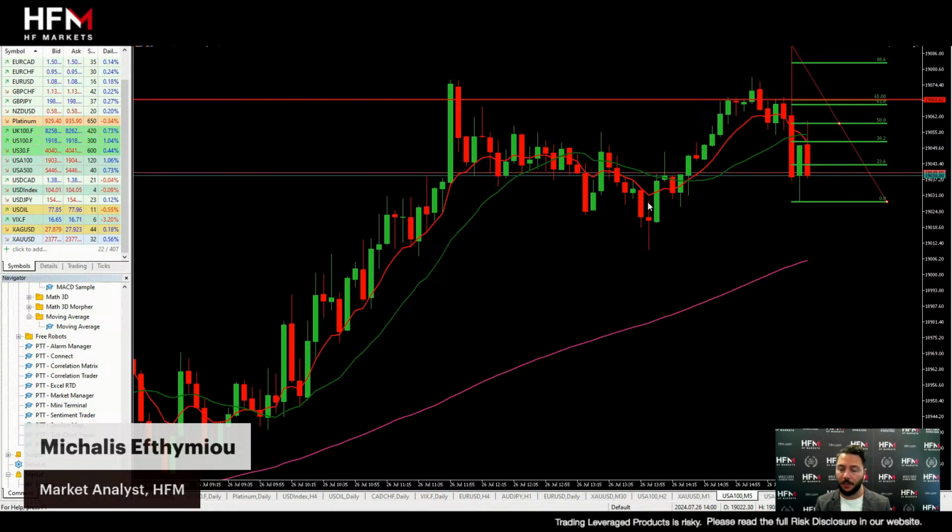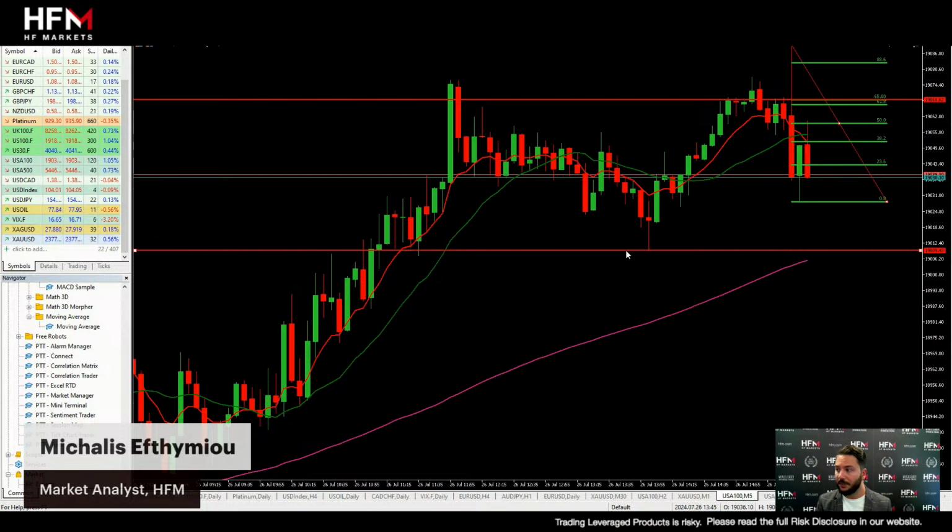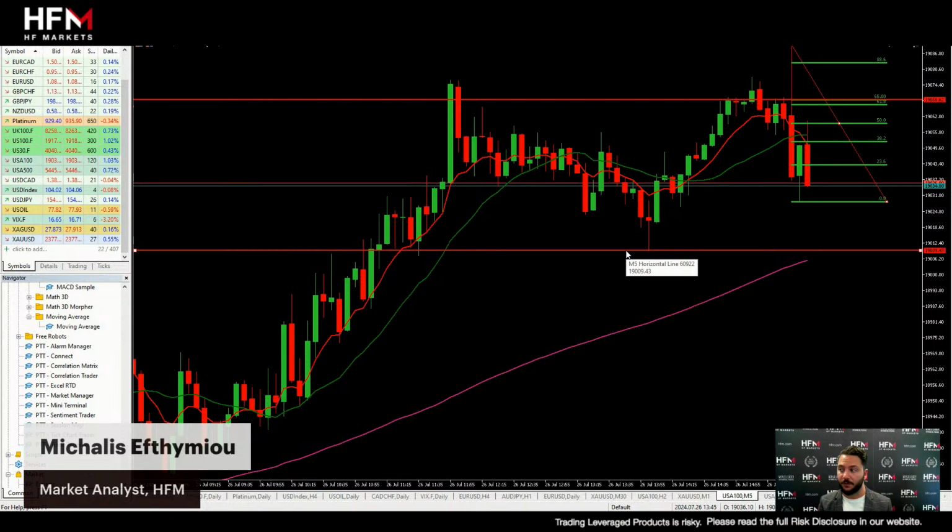That's a clear lower low, especially if it goes below this level here as well. Because if it goes below here, ladies and gentlemen, then we've definitely got a very strong lower low. And also at that point, we'll be below the 100 bar simple moving average. So that is definitely something which will indicate a completely different price movement.